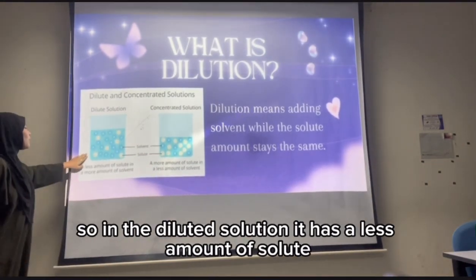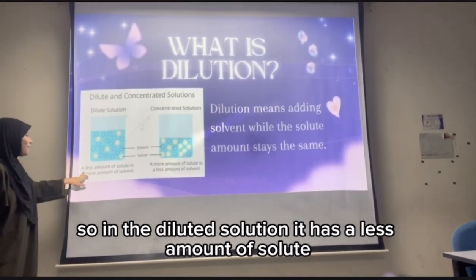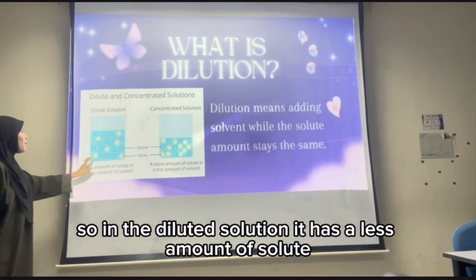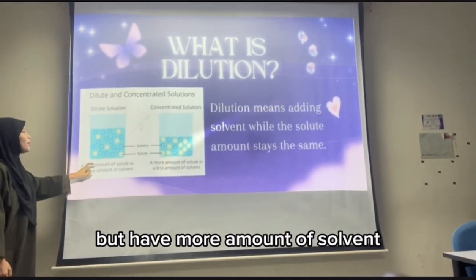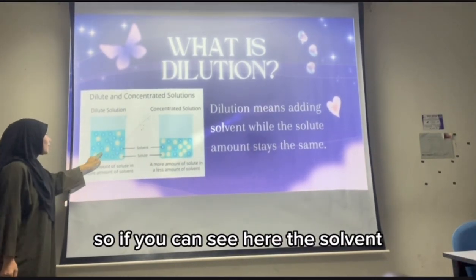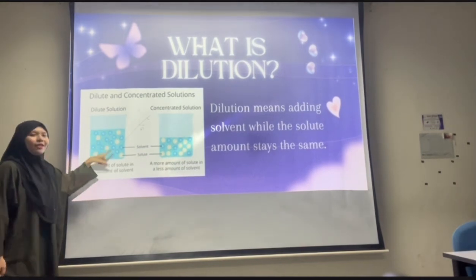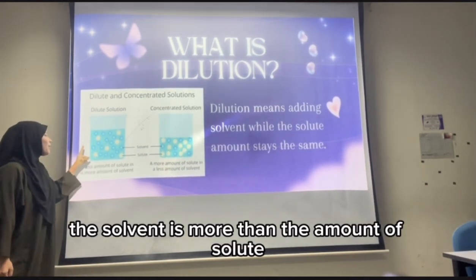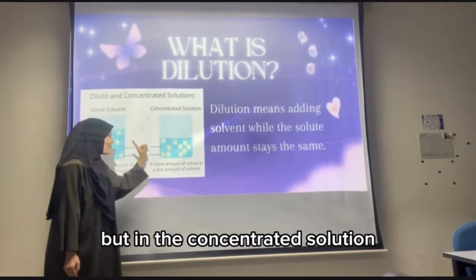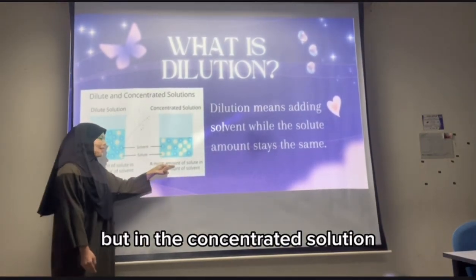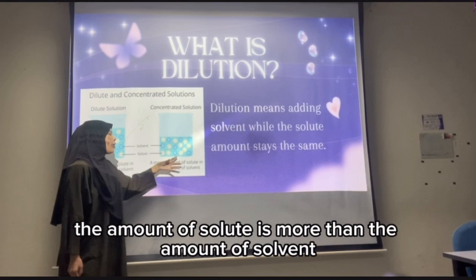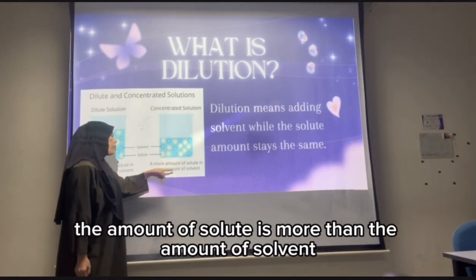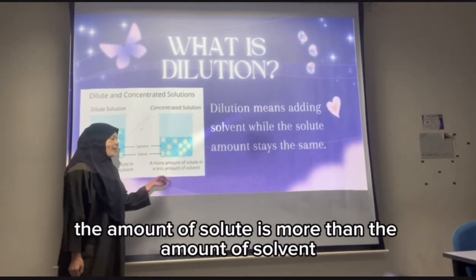So in the dilute solution, it has a lesser amount of solute but more solvent. So if you can see here, the solvent is more than the amount of solute. But in the concentrated solution, the amount of solute is more than the amount of solvent.